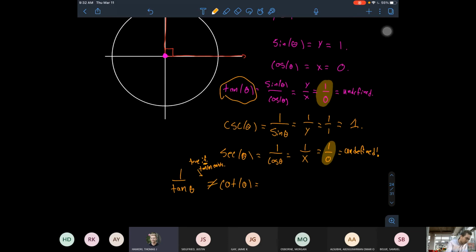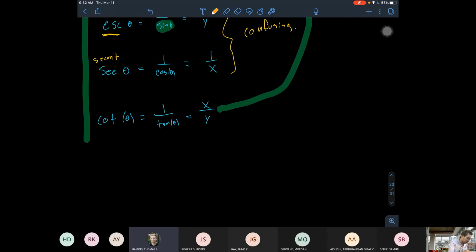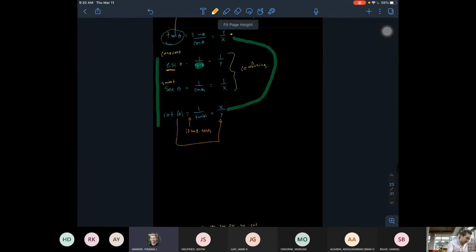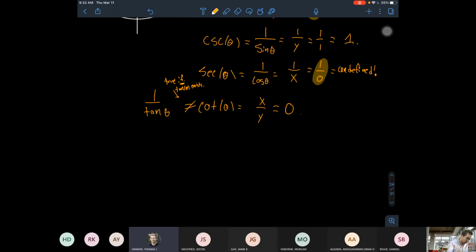So we have to use the actual definition of cotangent. So the actual definition of cotangent, oh, well, I did put it here. So I should have put if it exists. But the real definition of cotangent is x over y. Okay, so in our case, it's just going to be equal to 0. Equals x over y is equal to 0. So it's fine for us to do that.